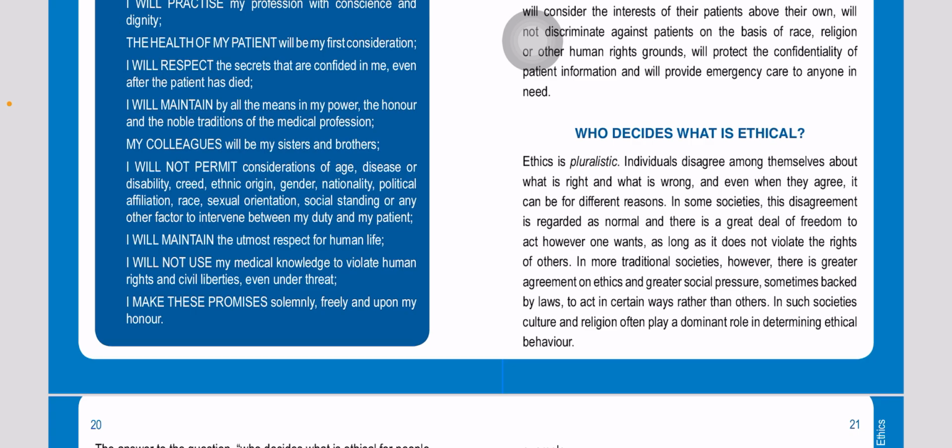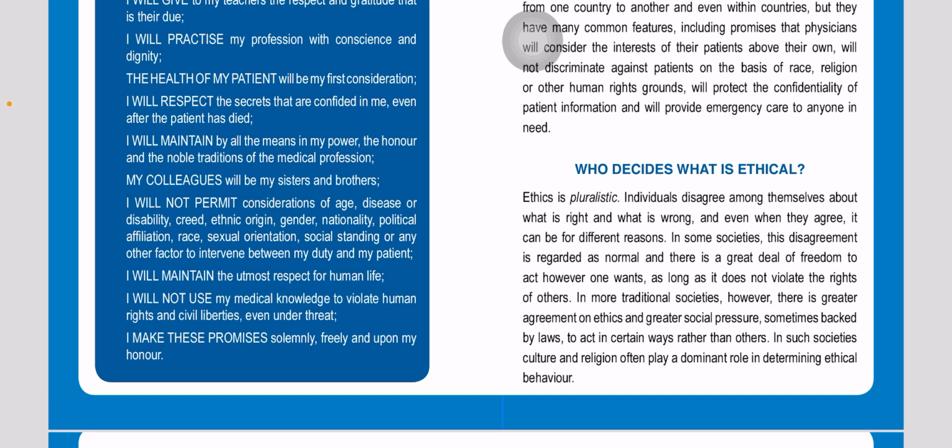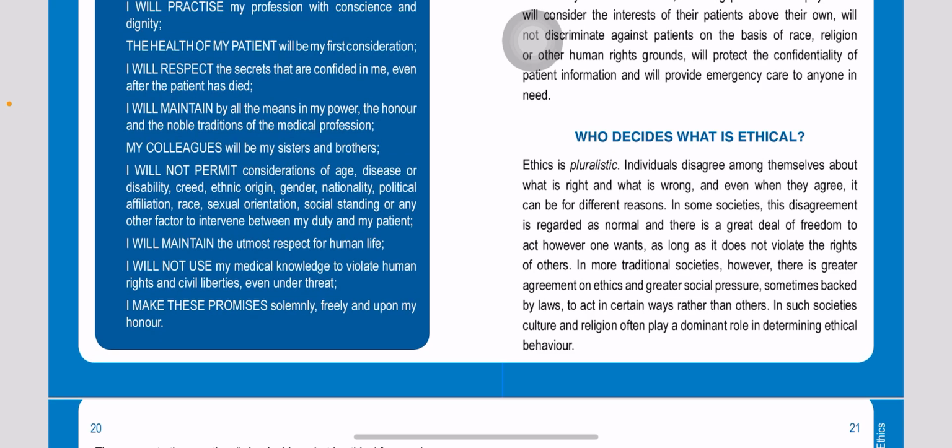Okay? As a medical doctor, class, you are a friend to mankind. So, whatever status or background your patient belongs to, you must respect and accept it.